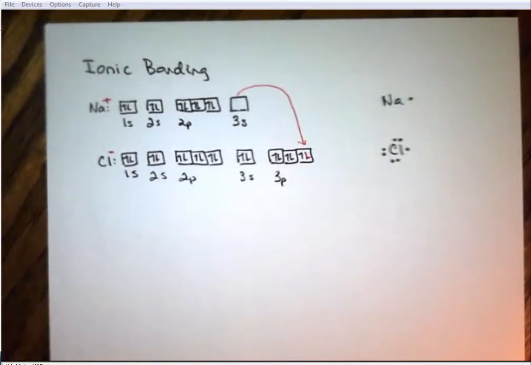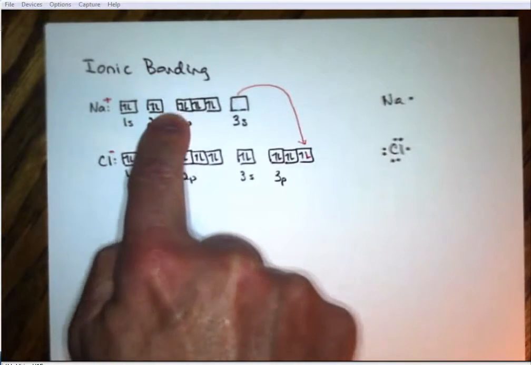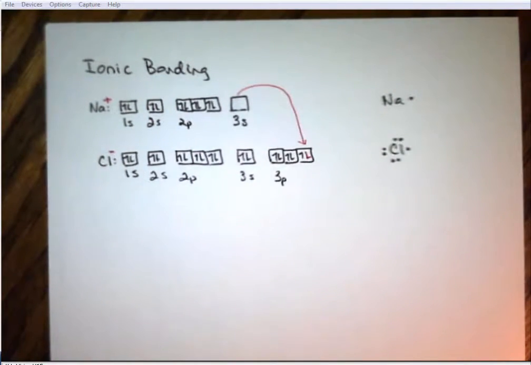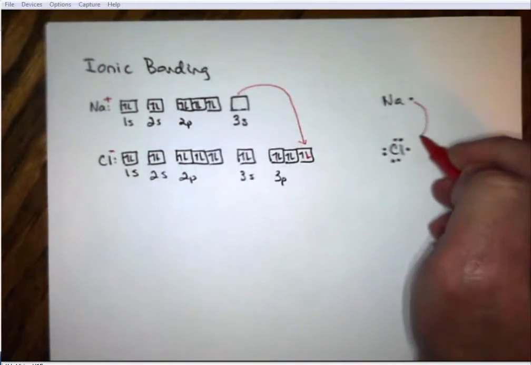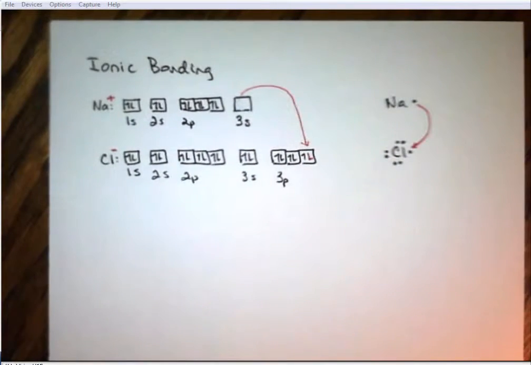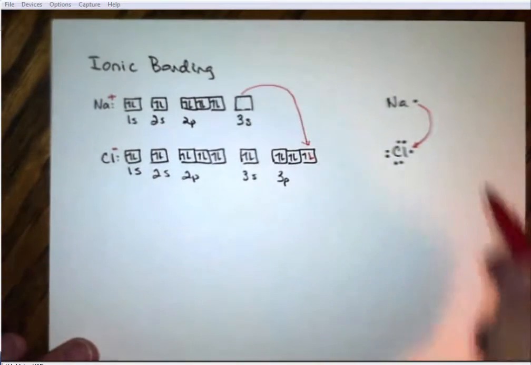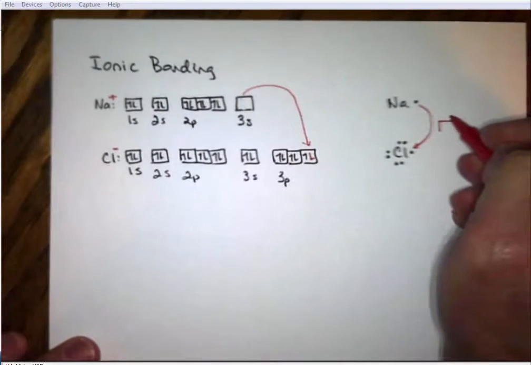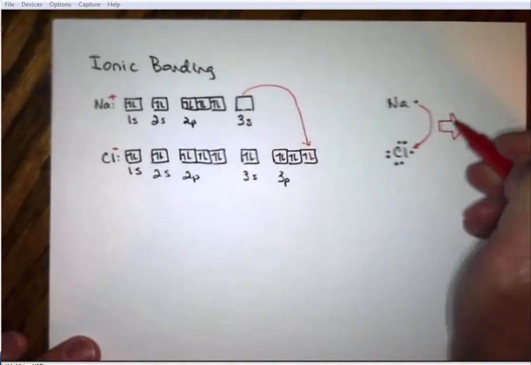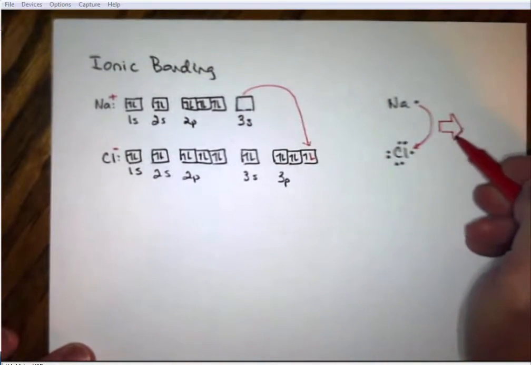Nothing special about where I put them. So in order to show this same idea for electrons being moved from here to here, I can just draw an arrow here to show that I'm moving that electron. But to make it make sense, I've actually got to have a second picture here to show the result of that.